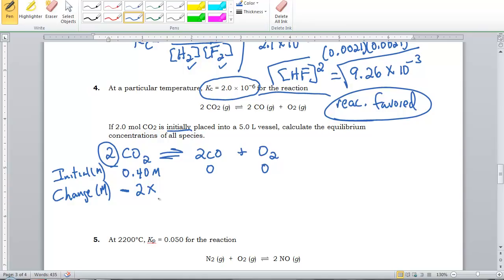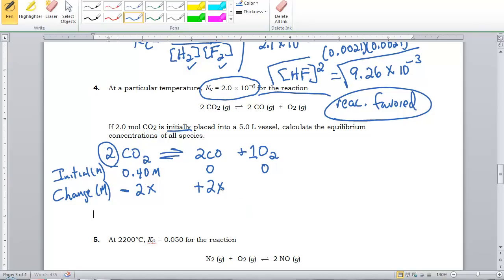Okay? So if negative 2x reacts, how much carbon monoxide will I produce? Because we're going to produce product. It was 0. We have to make some product. Well, it also has a coefficient of 2. So if 2x of CO2 reacts, we're going to make 2x of CO. What about O2? Yeah, O2 has a coefficient of 1.